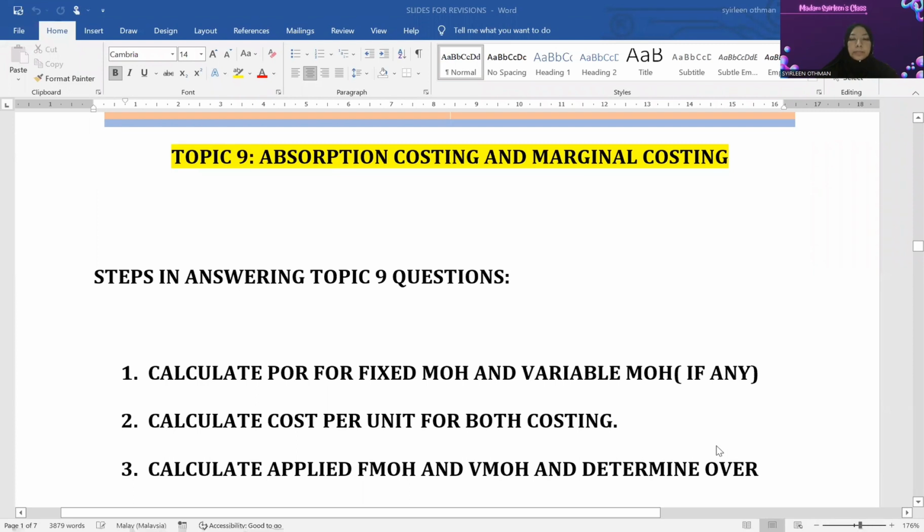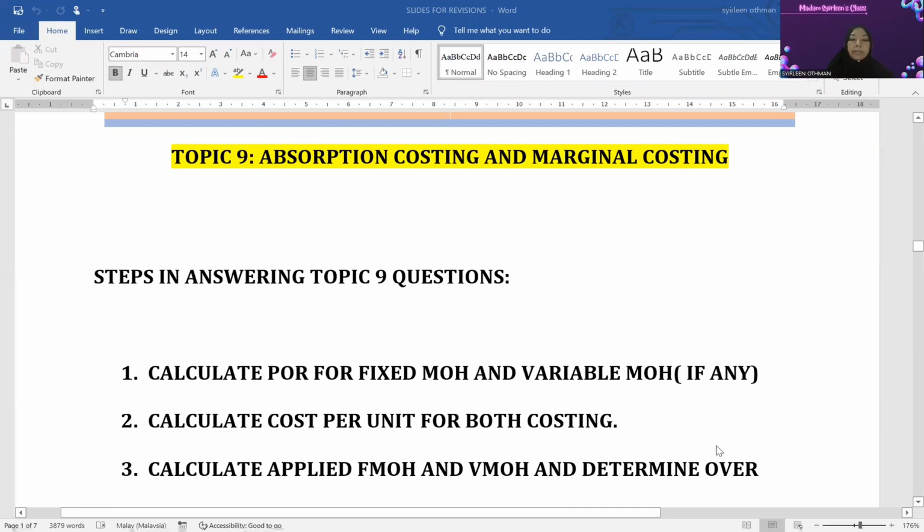So in this topic, actually, it's not very difficult because you just need to determine the POR for the fixed MOH and also the variable MOH so that you are able to calculate the cost per unit for both costing. And once we already got the costing for both methods, kita akan guna costing tersebut untuk kira beginning inventory, cost of good manufactured, and also ending inventory in your income statement.